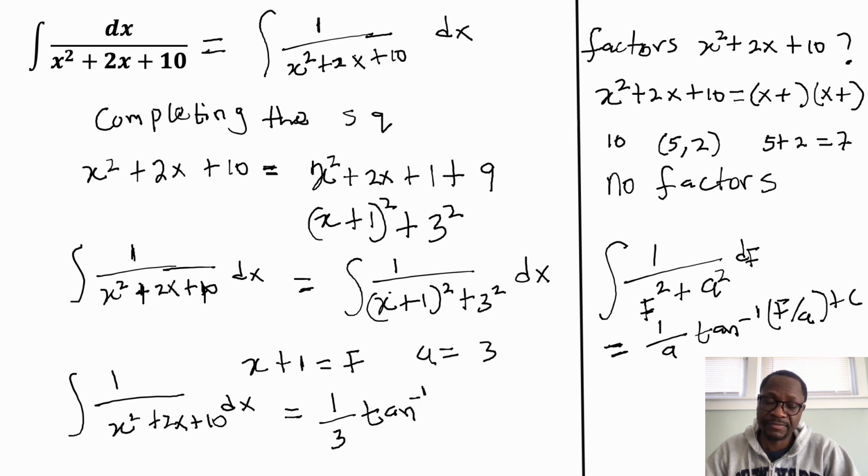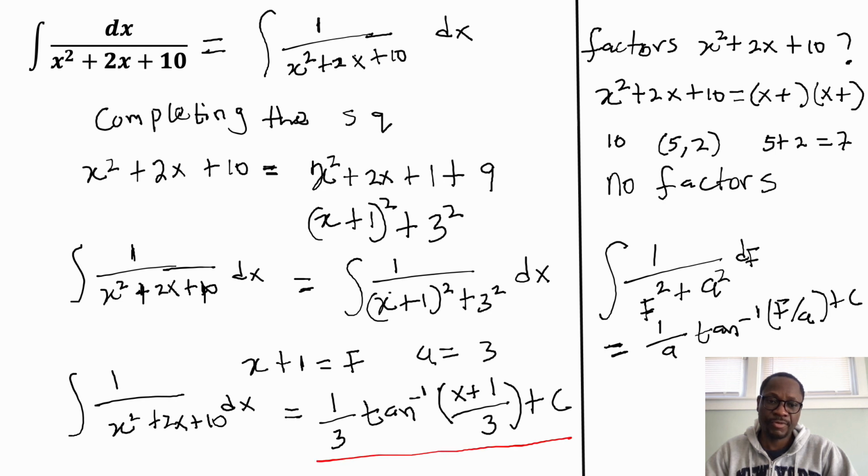It's not 1 divided by tan, it's arctan. f being x plus 1, divided by a, which is 3, plus c. So this gives you the integral of the rational expression that we're given.